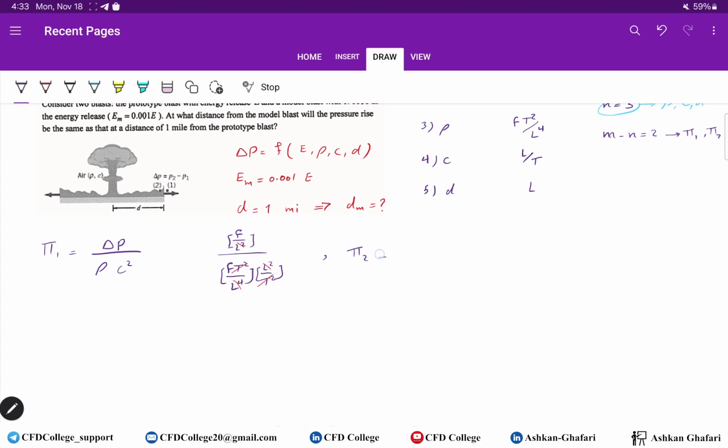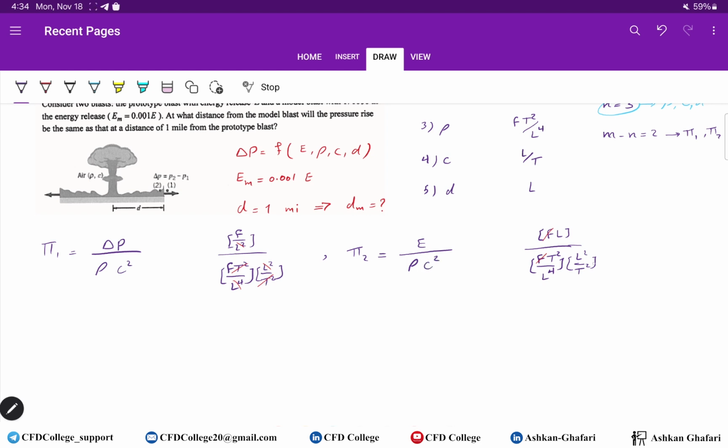The second one is the one which is related to energy, F times L. So I should pick rho here, F T square over L to the power 4. Now F is gone. And for T, we should have L over T squared, so c square.